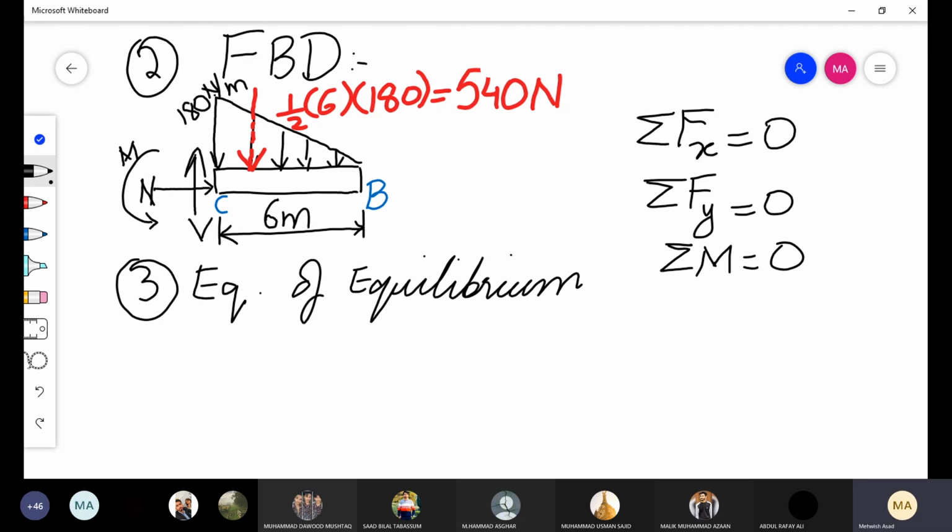So let's begin with summation of forces in x direction. This is equal to 0, assuming all rightward acting forces as positive. So we have one force N in x direction and no other force, so this is equal to 0.